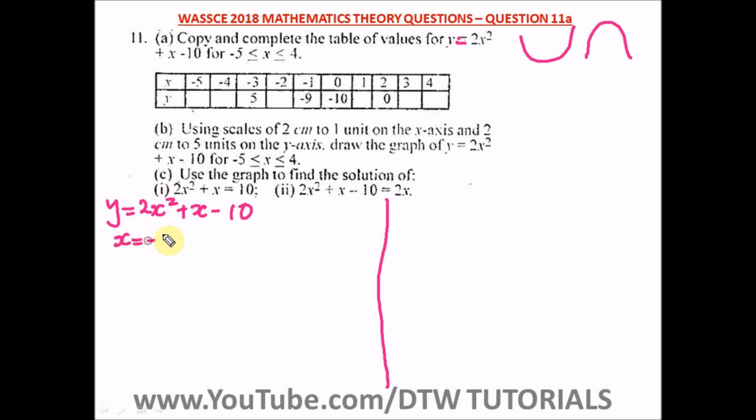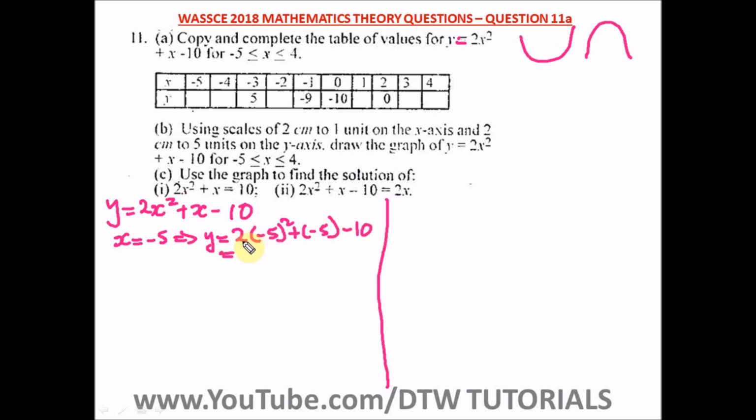So when x is equal to -5, let's put in the value of x as -5 into this equation. Now you have to be very careful here, so you don't miss your signs. So you have y is equal to 2(-5)² + (-5) - 10.